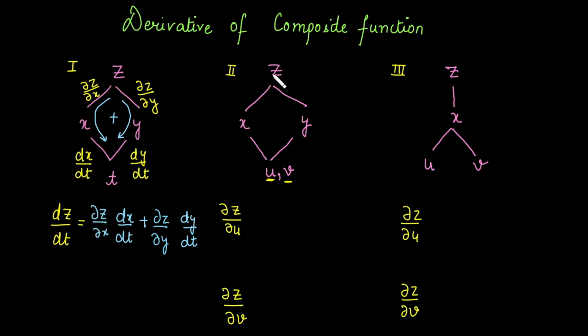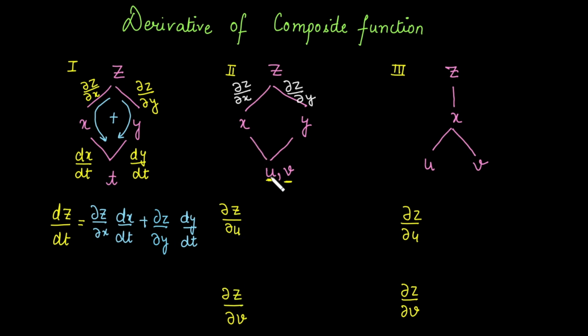In case 2, when you take the derivative of z with respect to x and y, it will be a partial derivative as it is depending upon more than one variable. Same in this case, it is a partial derivative. Now, we need to take the derivative of x with respect to u as well as v according to the two different cases.